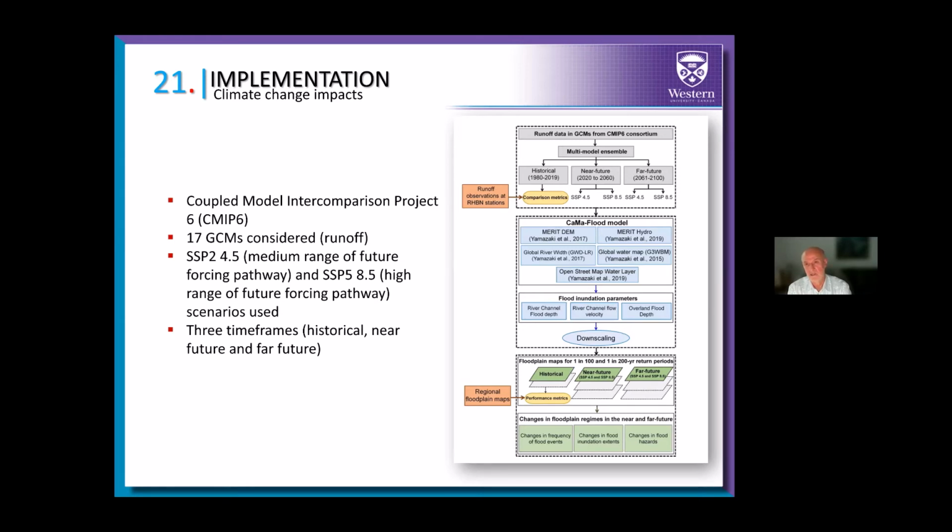Out of all the climate models available, we utilized 17 of them that were producing runoff information directly, because runoff was the input into our process that was taken directly from the climate models into our methodology of calculating the flood inundation depth and velocity.